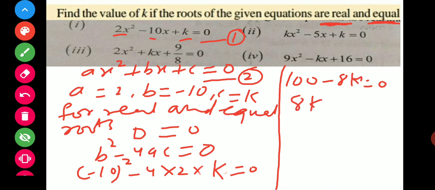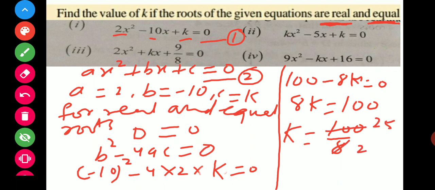Now 8k is equal to 100. So k is equal to 100 divided by 8. So 4 eights are 32 and 4 twenty-five. So k is equal to 25 divided by 2. That is your answer. So it's a simple question, so you can do it very well.